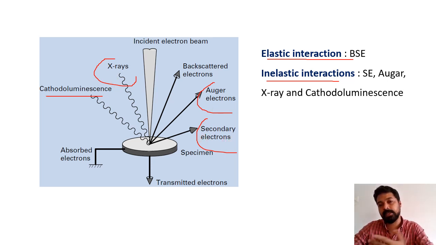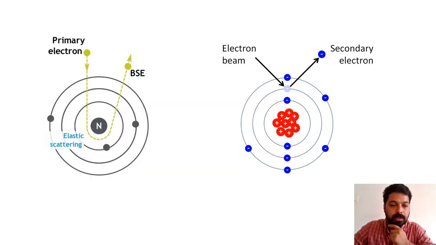Let us see how these secondary electrons are generated. When a primary electron falls on the specimen and hits the nucleus, it is reflected back in some kind of 90-degree reflection, and that is called the backscattered electron, BS. Similarly, these fast moving primary electrons can fall onto the atom. An atom has lots of electrons revolving around the nucleus, so the primary electron can knock out some secondary electron.